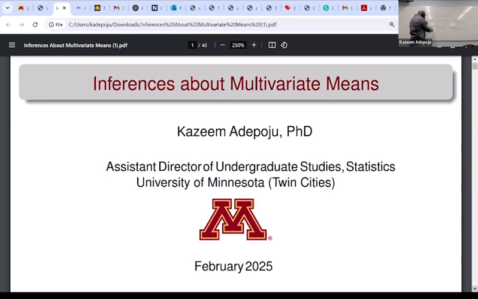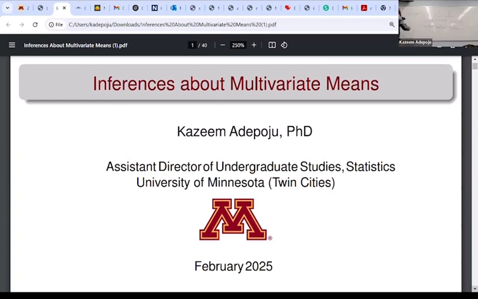Because we have more than two variables involved, you can see x1, x2, x3. We can simultaneously test the hypothesis that the means of these are equal to a particular hypothesized value. This is applicable across all areas, even in pollution control, where you talk about PM 2.5, NO2, and CO2.